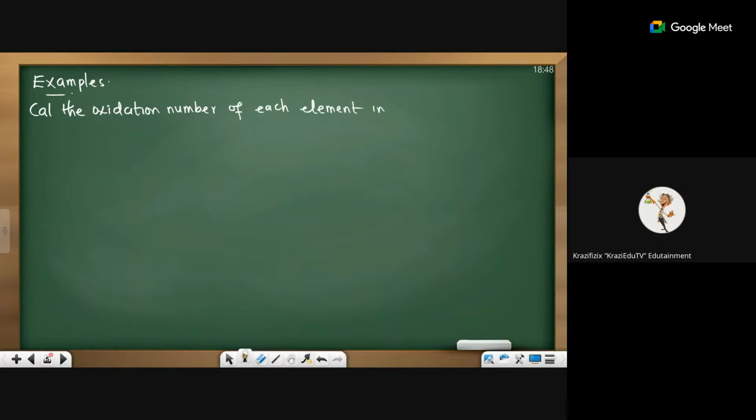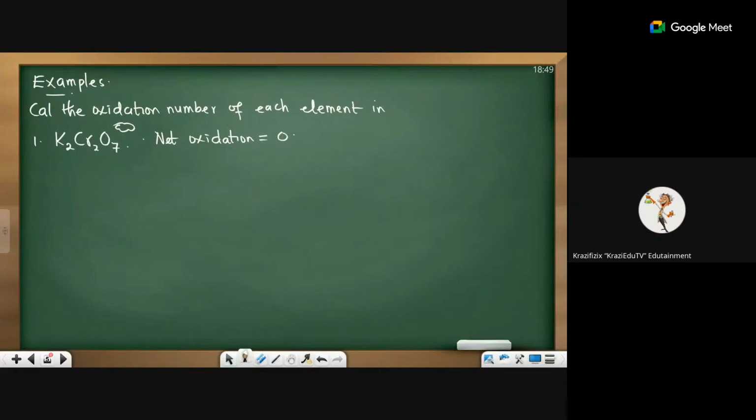In A, number one, K2Cr2O7. I want to look at the oxidation number of all of this. Let's break this down, guys. The first thing I'm going to look at is, it's a neutral compound. There's no number at the top there. So it means the net oxidation number would be equal to 0.